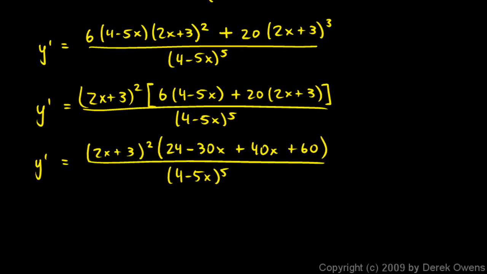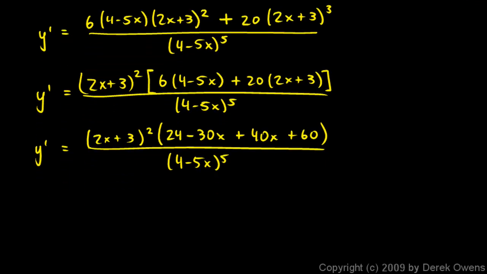And then we'll just go one more step to simplify this. You can see our 24 and our 60 will get combined, and the negative 30 and the 40 will get combined. And so we'll have this (2x plus 3) squared.